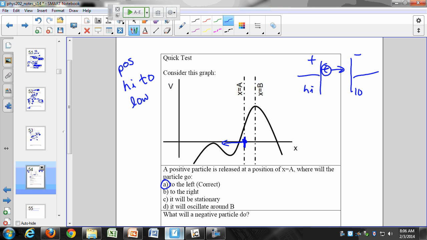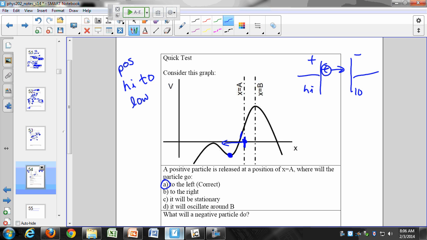What's going to happen when that positive particle gets to the bottom? It's going to jump around, right? Because it might have enough velocity and energy to go over the next one. You can think of it like a ping pong ball in a bowl.